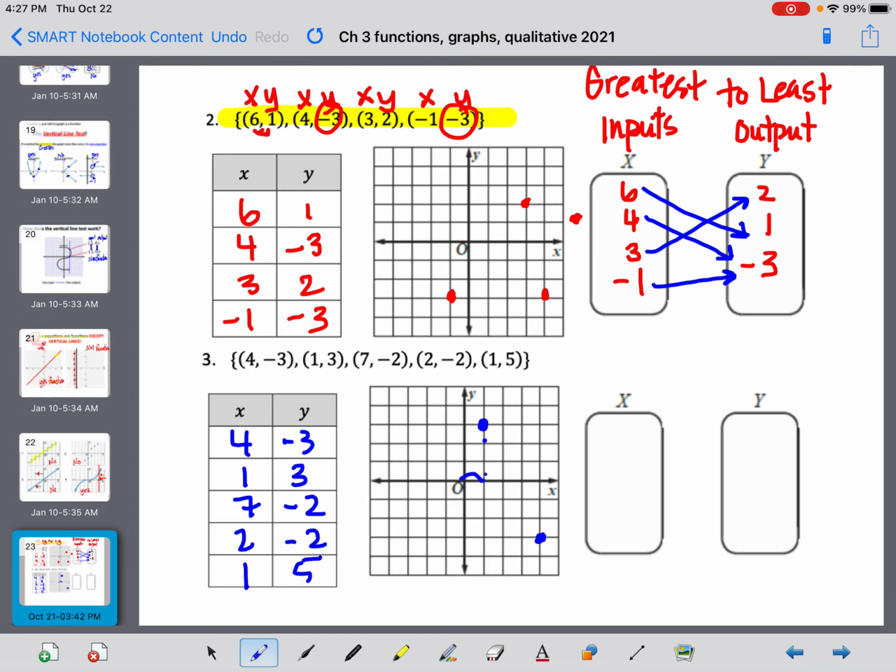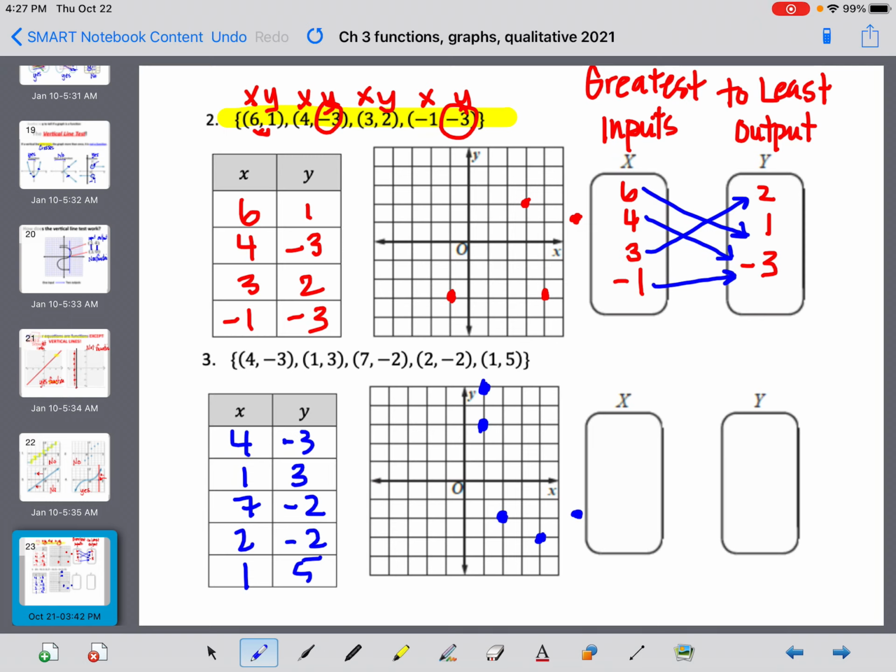I'm just going over to where x is 1 and then up to where y is 3, counting the boxes. Then x is 7, so it's going to go off the graph out here somewhere, and we'll just estimate where that one is. Then where x is 2 and y is -2, and then where x is 1 and y is 5.